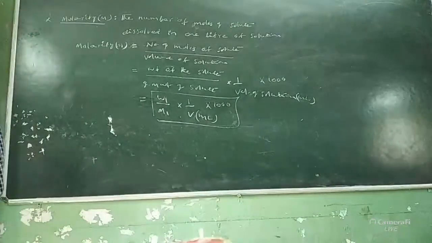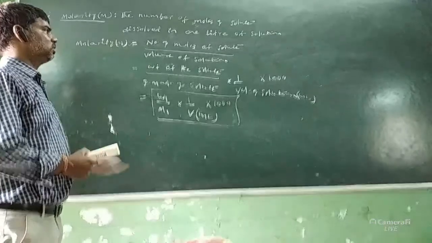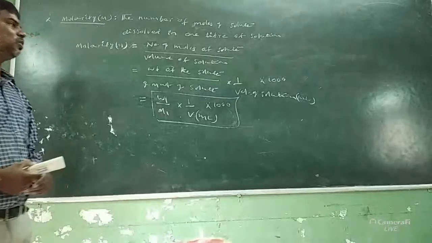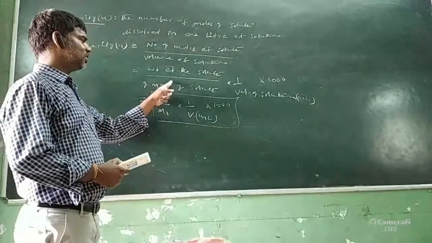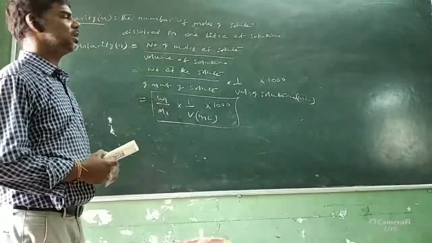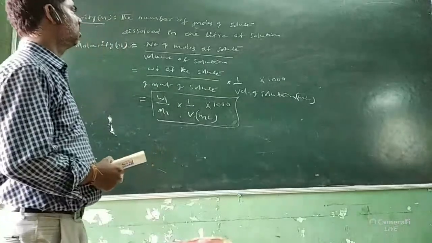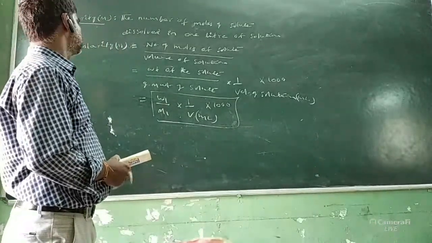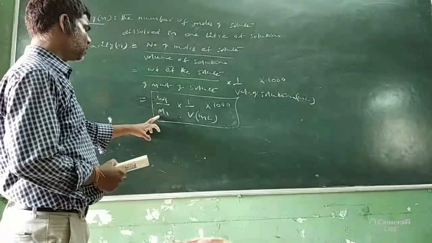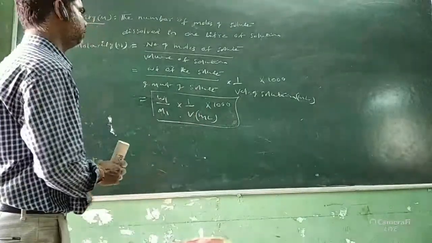The number of moles we can calculate as weight of solute by gram molecular weight of solute, but it is not the only formula to calculate the number of moles. There are so many formulas, and based on the given data we have to use the appropriate formula. Finally, the molarity is equal to the weight of the solute by gram molecular weight of solute into 1 by V, volume of solution, into 1000.